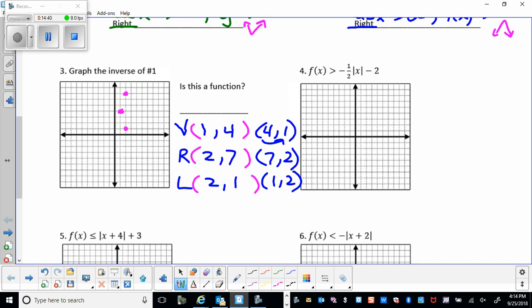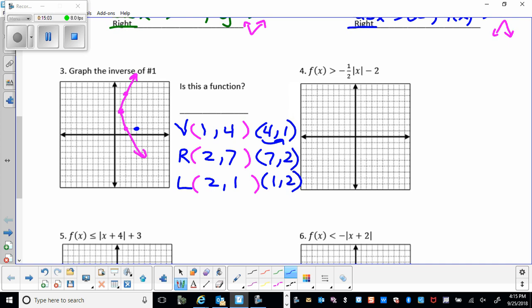So it's the same V, but it's opening up to the right instead of opening up. My original one was at 4, 1.